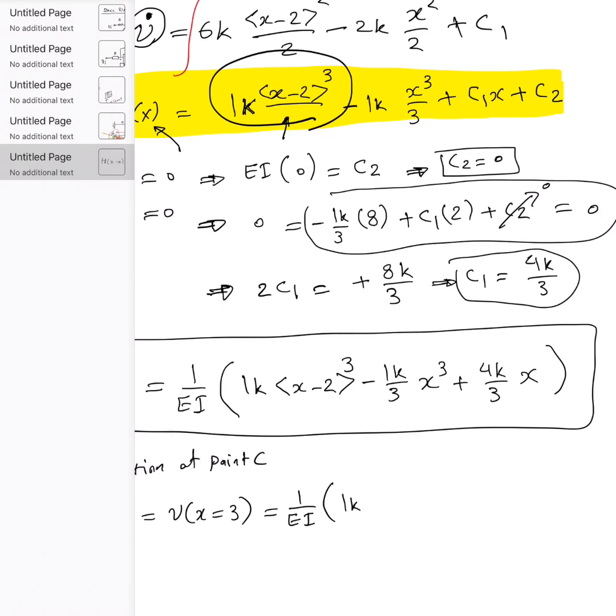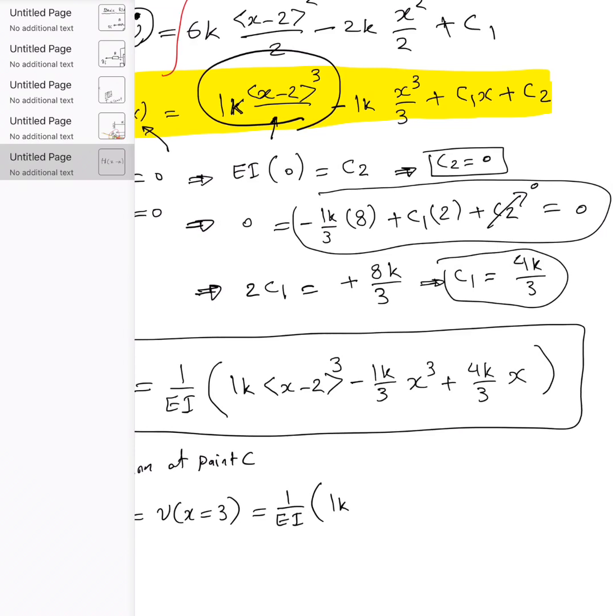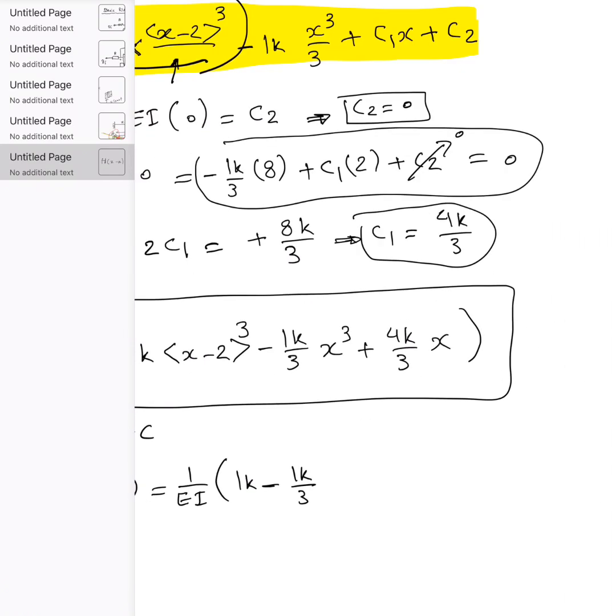So it becomes parentheses (x minus 2) to the third power. But what is x minus 2? x is 3, minus 2, 1 to the third power is 1. So still you get 1. The second one, negative 1k over 3 times, put 3 here, so 3 to the third power, plus 4k over 3 times 3.